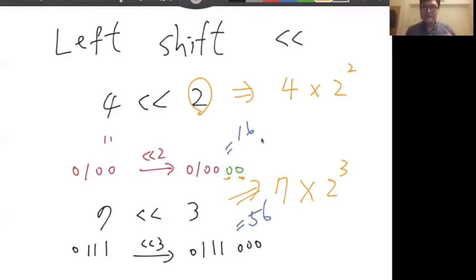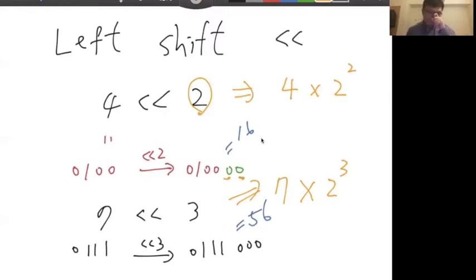So shift can give you a really easy way to do a quick multiplication, because in traditional multiplication you need a whole bunch of numbers, and you try to multiply each bit by the other bits. But if you do it in a binary way, you just shift it. That's it. So if you want to do this kind of product, it will be easier to compute.